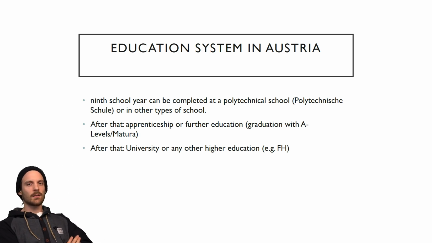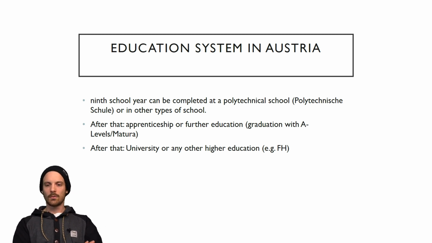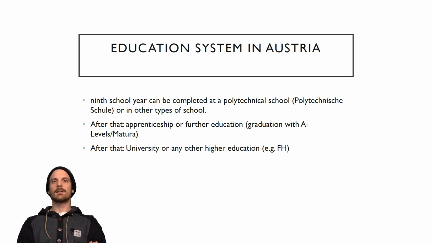Normally they last 3 to 4 years, and then you're allowed to work as a mechanic or any other job you've decided to make an apprenticeship in.